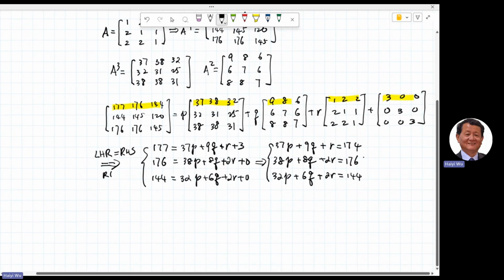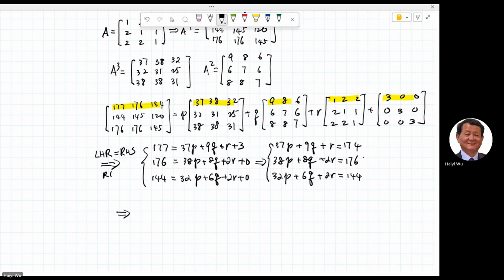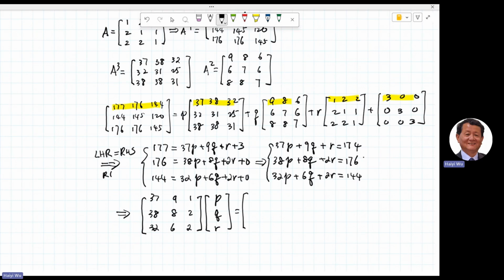Then we're going to use the matrix system to solve that. We put in the coefficient matrix: 37, 9, 1, 38, 8, 2, 32, 6, 2. Using the matrix equation, our P, Q, R vertical vector equals the right-hand side: 174, 176, 144.